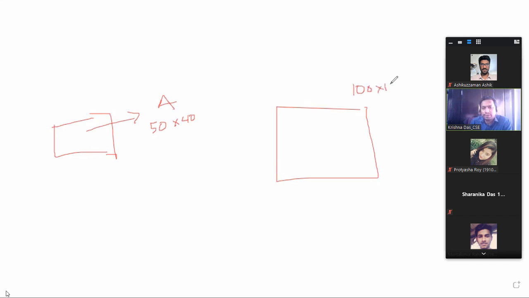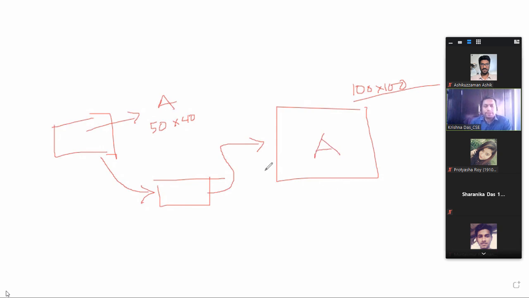Here is the processor, and that processor takes the information about that image. You click on it, that A will be opened, the processor takes the information from the frame buffer, and according to that it shows on the screen that A with 50 and 40 resolution.